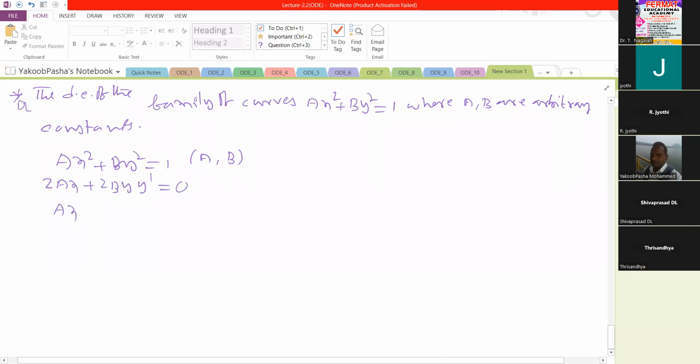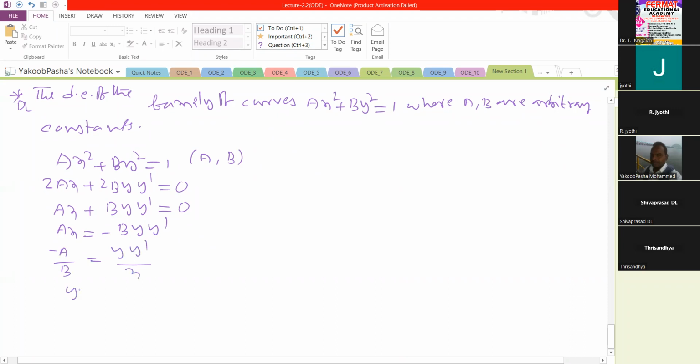That is ax plus b into y dash is equal to 0. Okay, one time differentiation is completed. This can be written as ax is equal to minus b into y dash. So we can write minus a by b is equal to y dash by x.